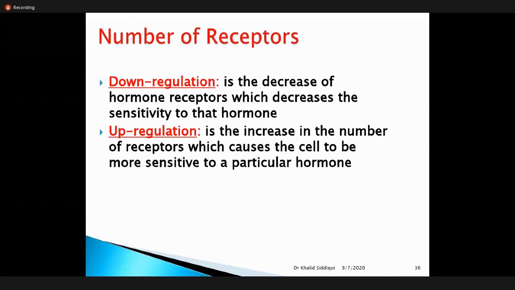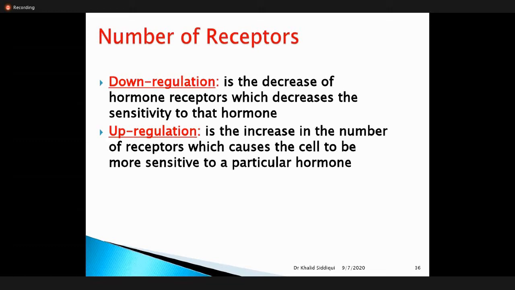The number of receptors over the target tissue does not remain constant. If the hormone secretion is sufficient, the hormone reaches the target tissue or the target cell where the receptors are present.